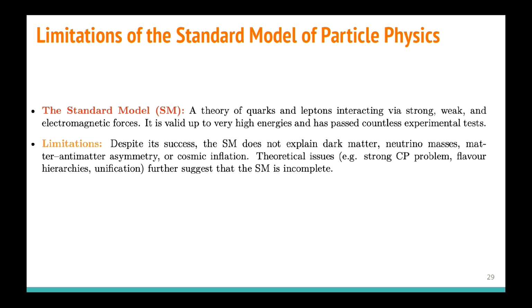For instance, gravitational observations of dark matter, observations of neutrino masses from neutrino experiments, baryon asymmetry, and cosmic inflation all point to non-standard model scenarios. There are also theoretical issues like the strong CP problem, flavor hierarchies, unification and so on. So this says that the standard model, even though it's a beautiful theory, is not the last theory that we would hope for.